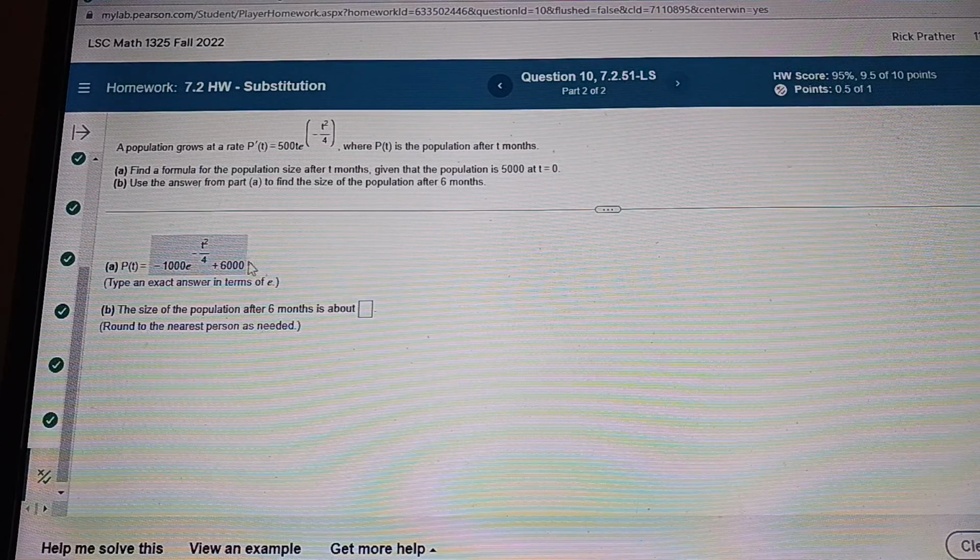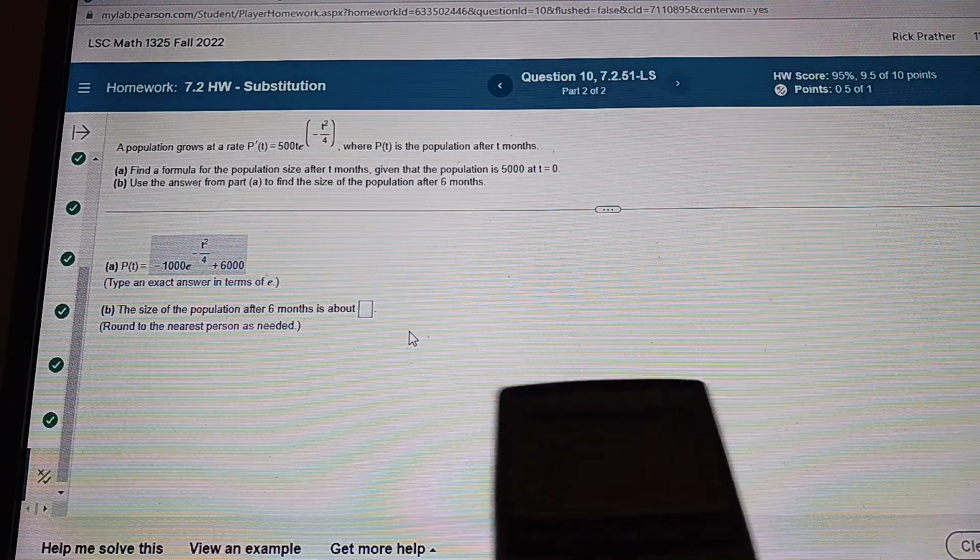And now if you get that part right, now you can plug 6 months in. Since t is in months, yep, so then you just plug 6 in for t. A graphing calculator might help more for that.